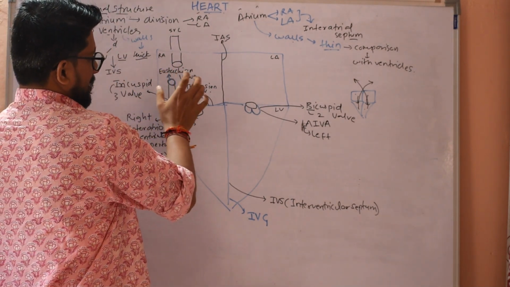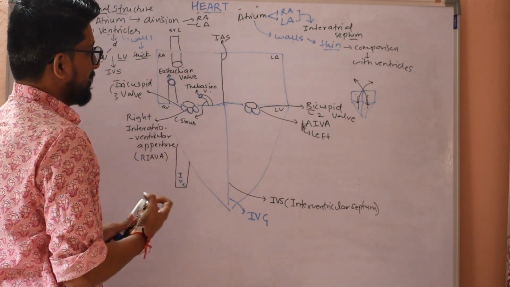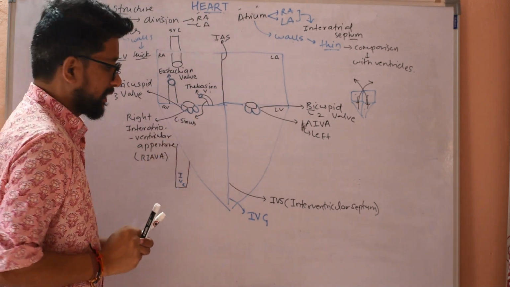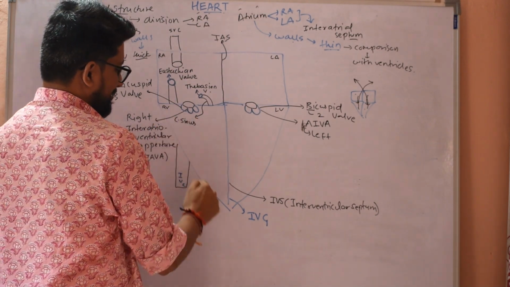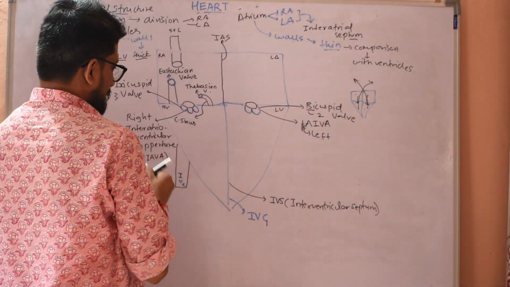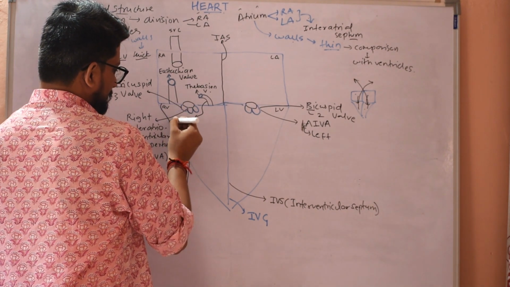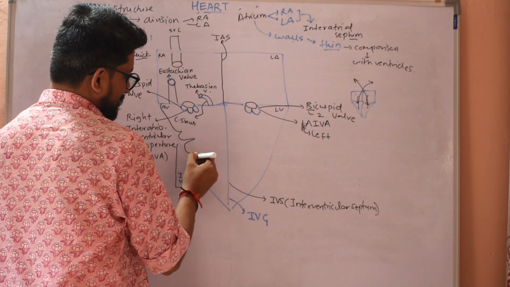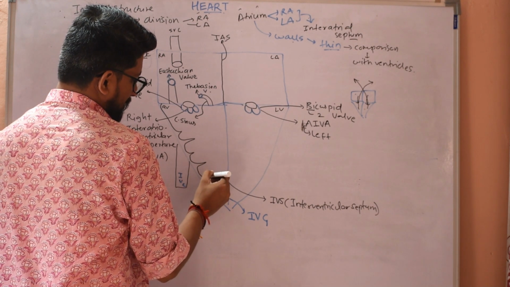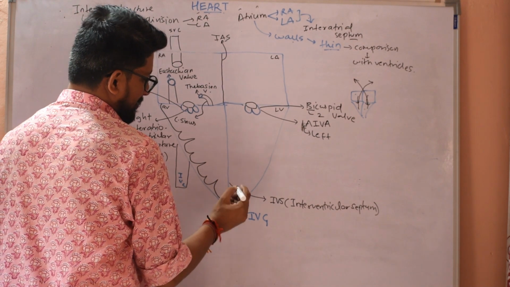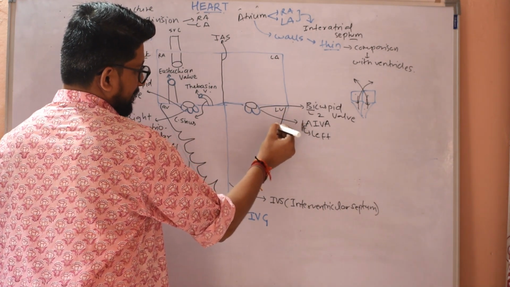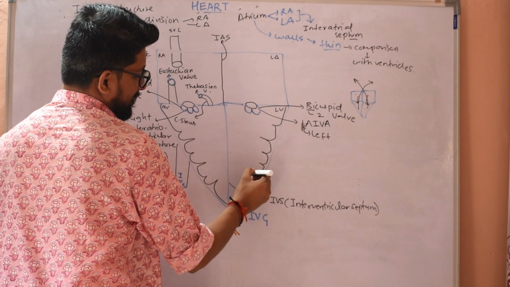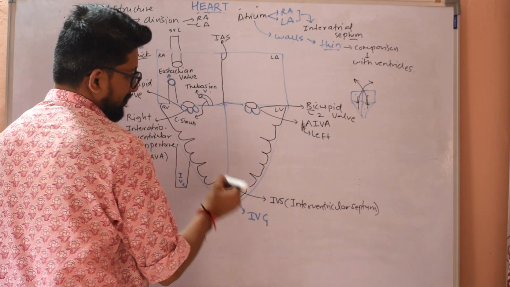Next, we will be studying about the walls of the ventricle. Now this part is the wall of ventricle. Internally, the wall of ventricle has two types of muscles, that is a small muscle and a larger muscle.